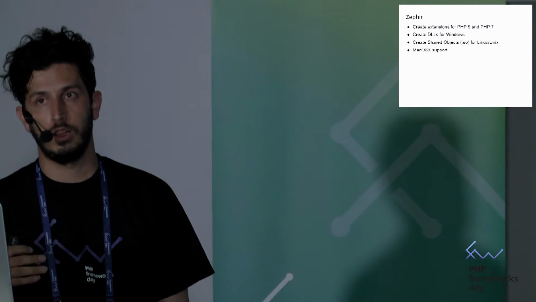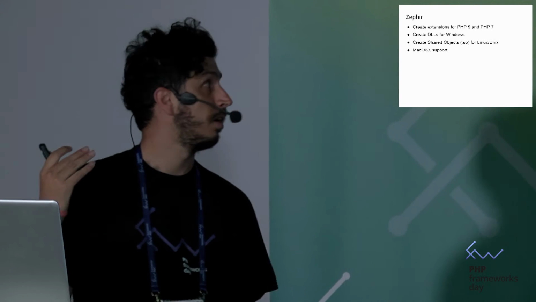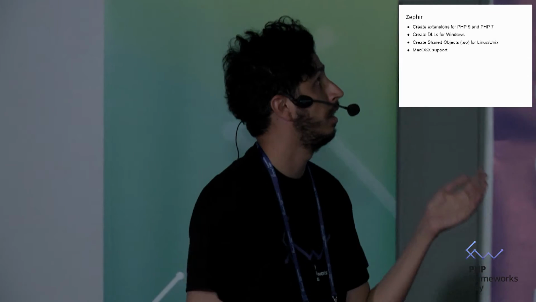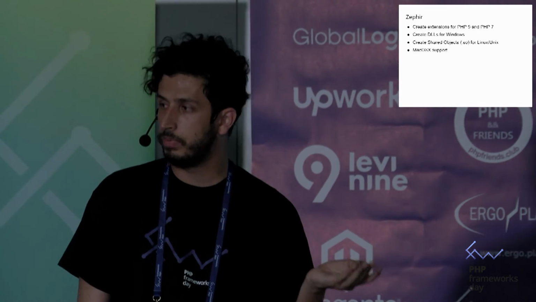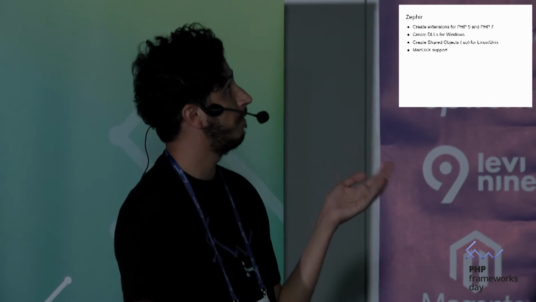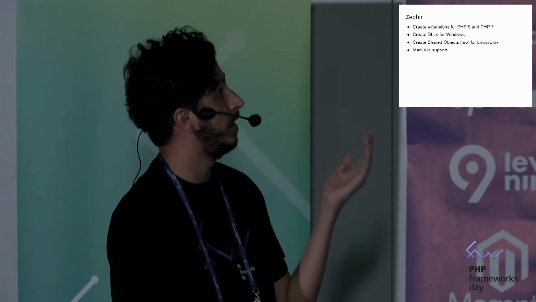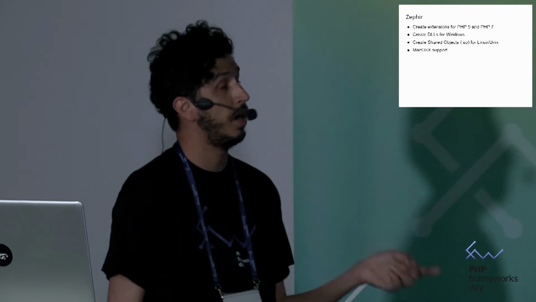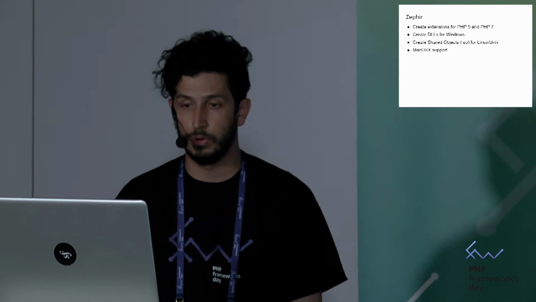Last year we spent a lot of time refactoring Zephir to allow multiple backends, so we can generate code for PHP5 and for PHP7. We also have the ability to create DLLs for Windows and shared objects on Linux and Mac OS. And we also have native OS X support.